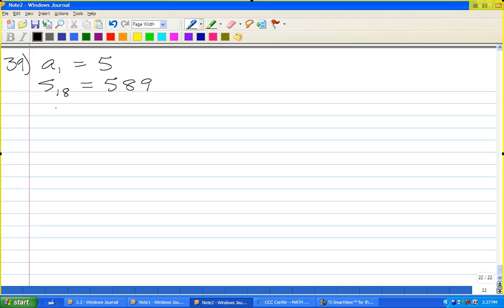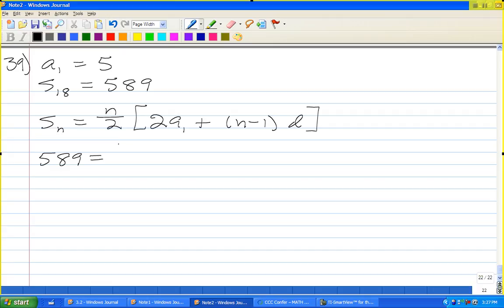I know that S sub n is n over 2 times 2a1 plus n minus 1 d. Therefore, the sum of the first 18 terms is 589, and I'm adding up 18 terms whose first term is 5.